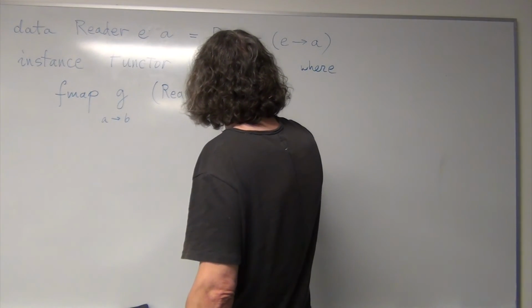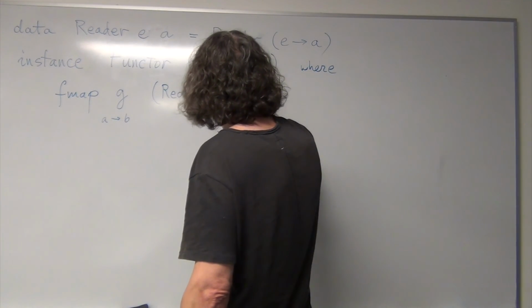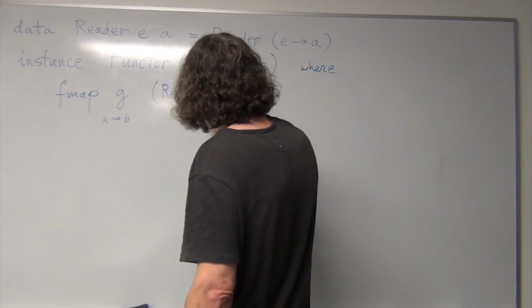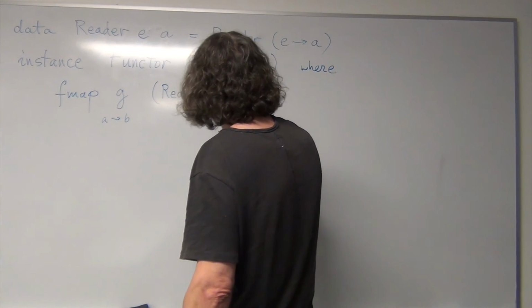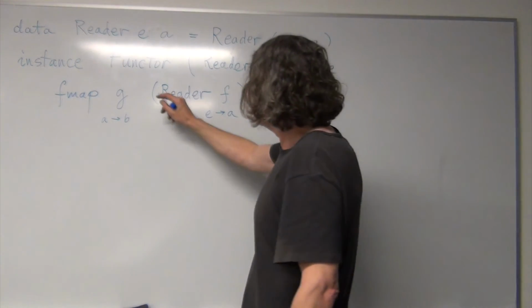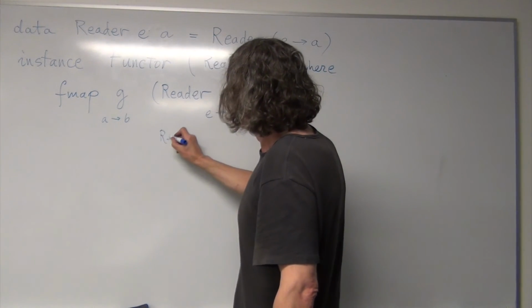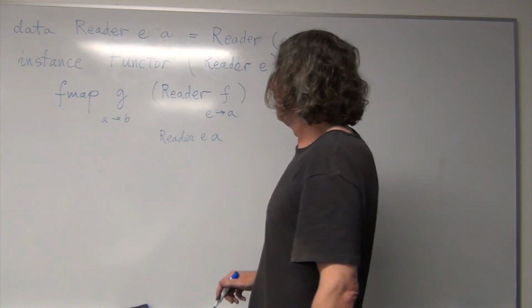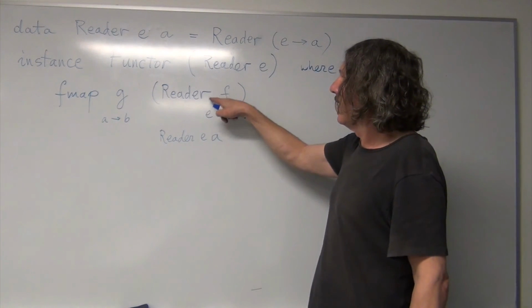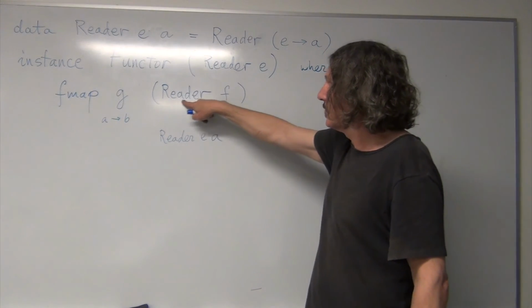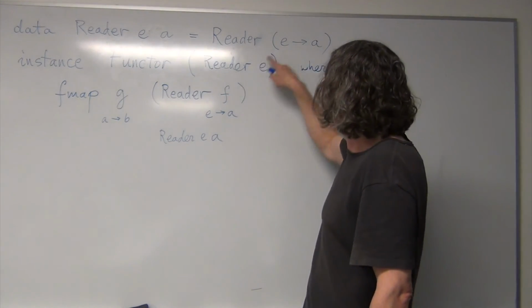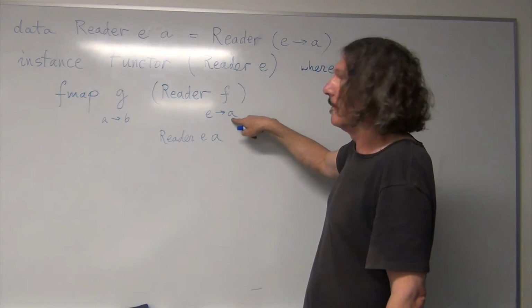So here this reader will contain a function f whose type is E to A. So the type of this whole thing is reader E A, and this is a data constructor.